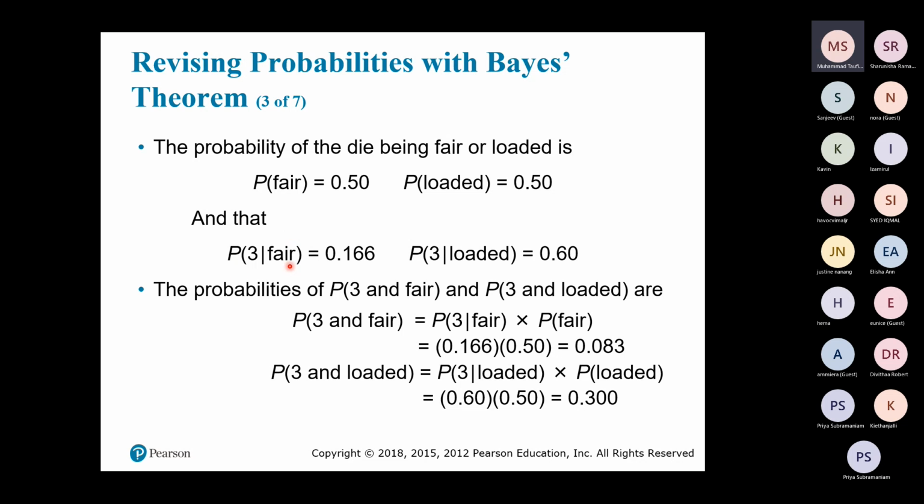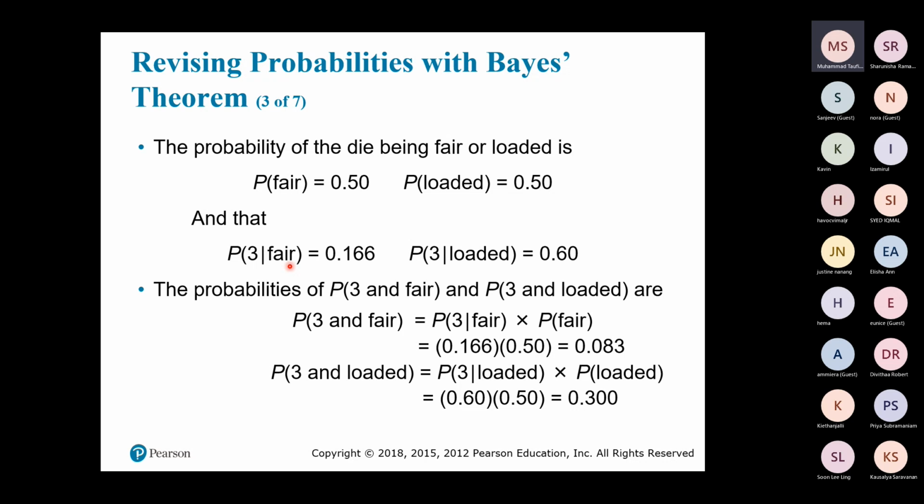Okay, all right. Because the possibility of you picking the die and the possibility of you drawing a 3 are independent, because whatever die you pick will not influence the number you get. For example, if you pick a fair die and then you roll it, it doesn't mean you will get 3.